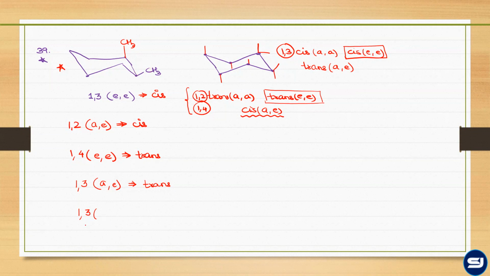Vertical line is always the axial. It will be AA. Even if you said E it would not matter, because it will either be the trans or the isomer will be the same. Still vertical lines are axial. Remember that. 1,3 AA is what?